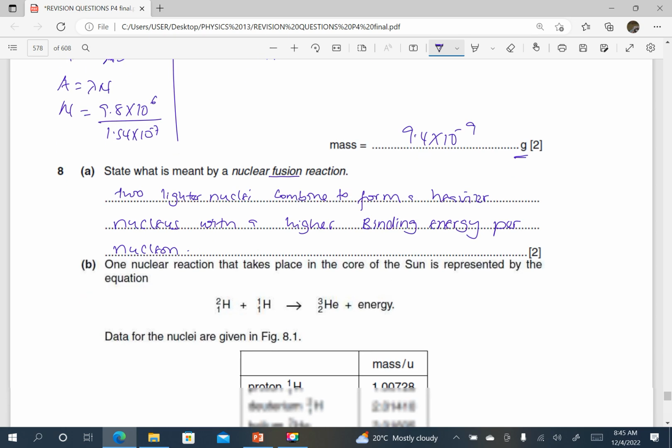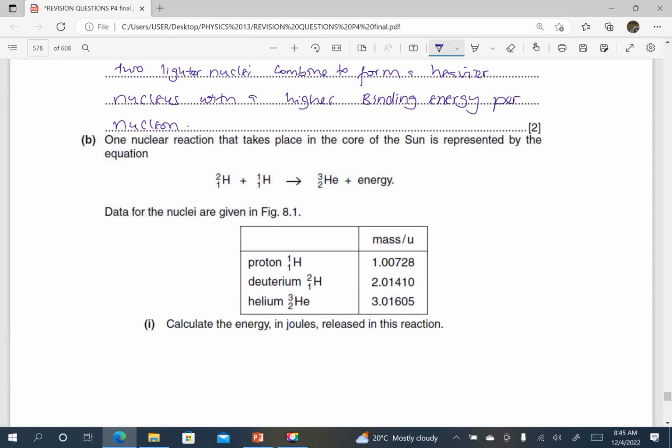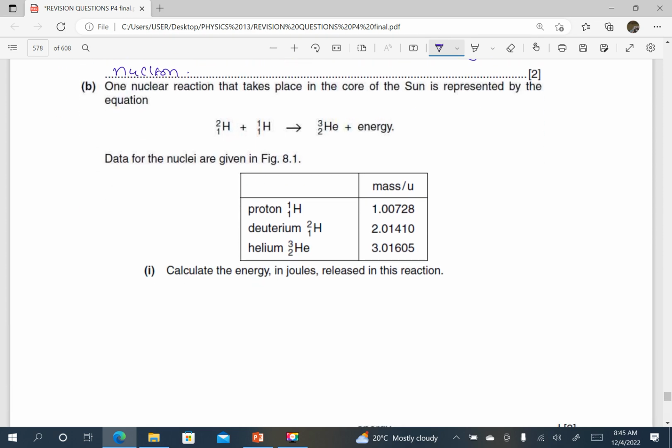So that is nuclear fusion. Whether it is fission or fusion, the binding energy per nucleon is always going to be higher, because the formed nucleus must be more stable.